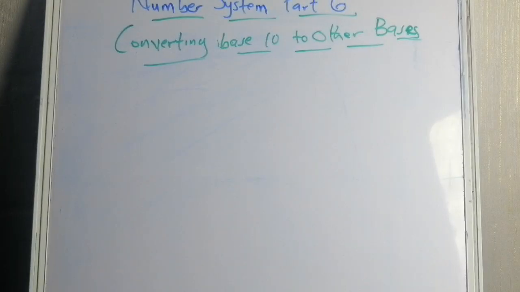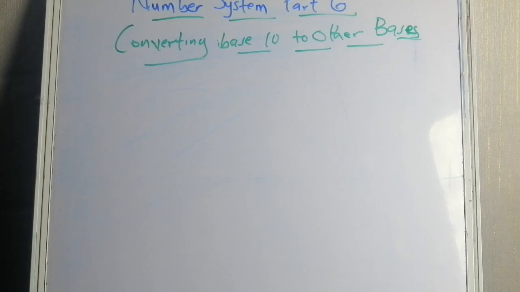So the meaning of other bases that I'm mentioning here is maybe base 3, base 4, base 5, base 6, base 7. It's not compulsory, but in this case it's not base 2.